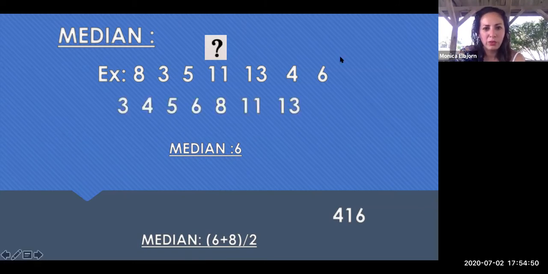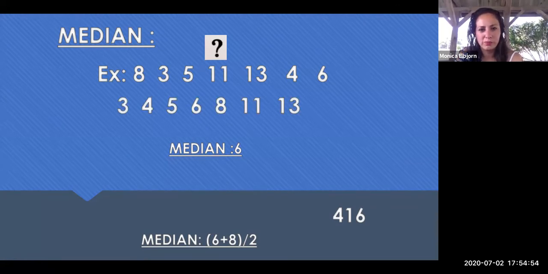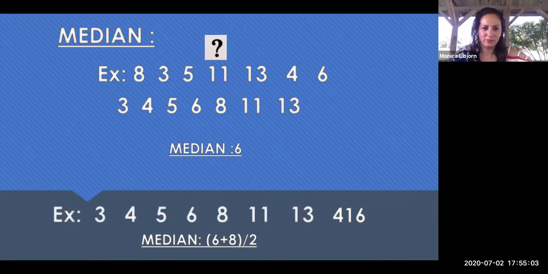So I have 3, 4, 5, 6, 8, 11, 13. So the median for this one, yeah, very good, Jacob, 6. Median will be 6.